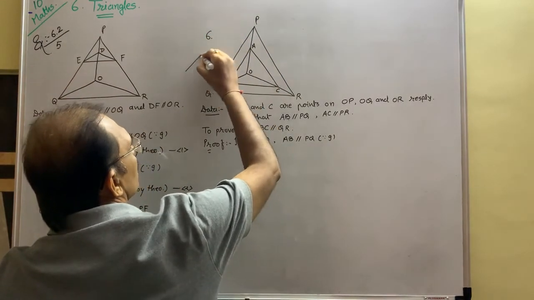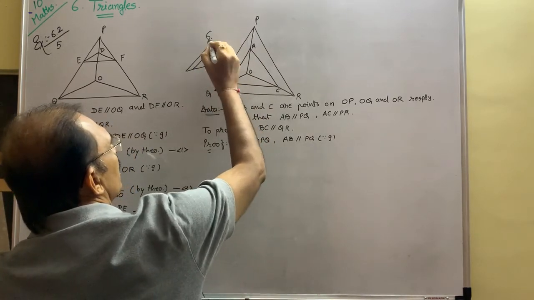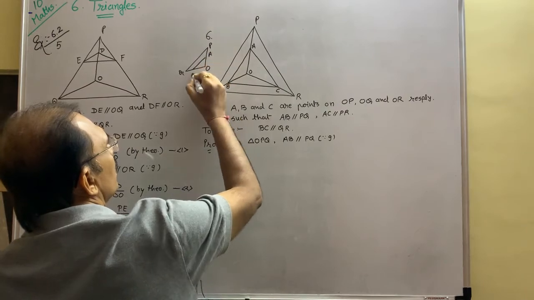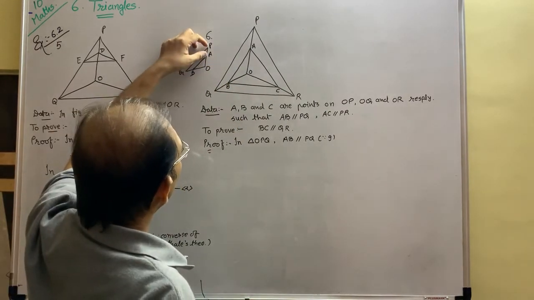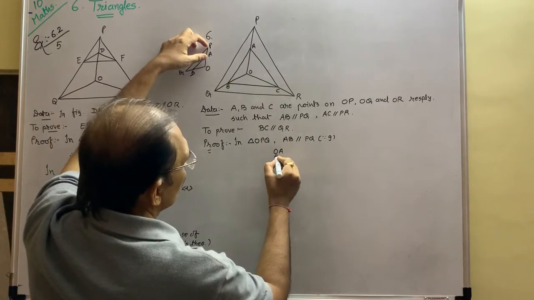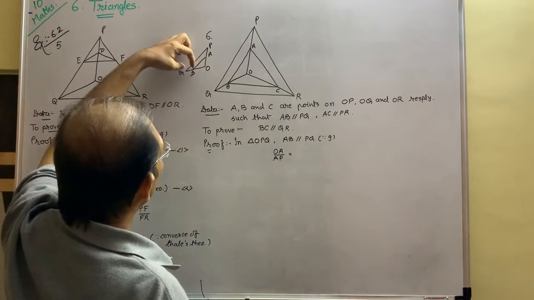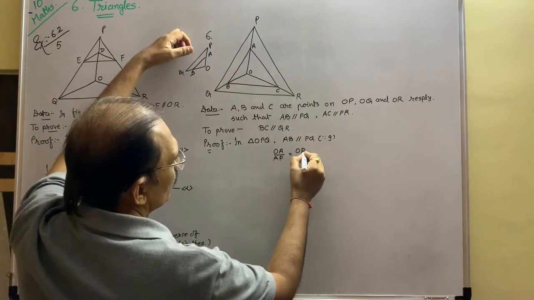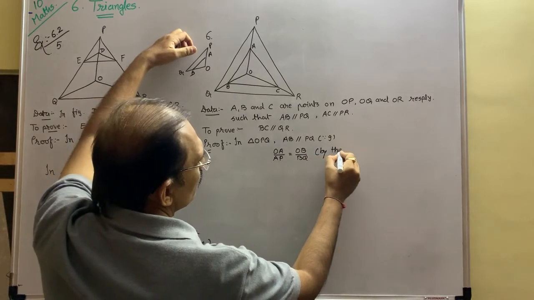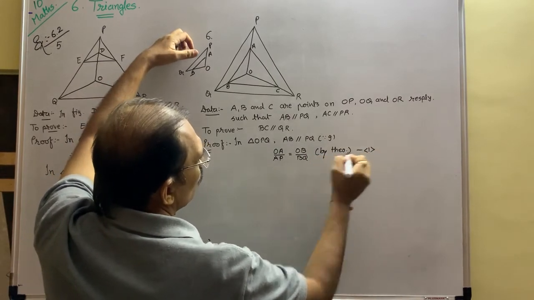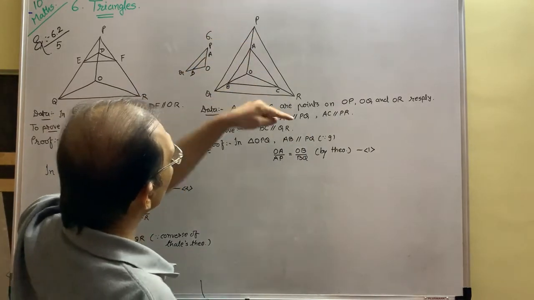See this triangle, O, P, Q, A, B. I can select like this: OA upon AP is equal to OB upon BQ, by Thales theorem, result number 1.